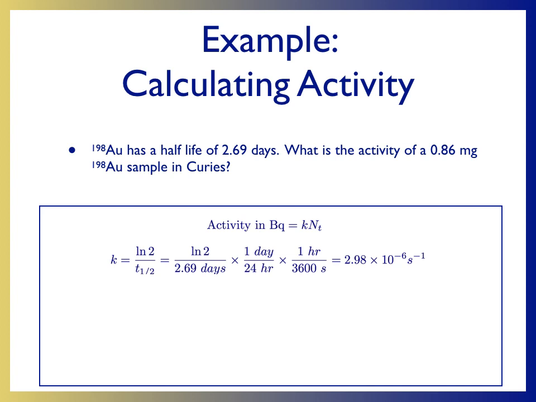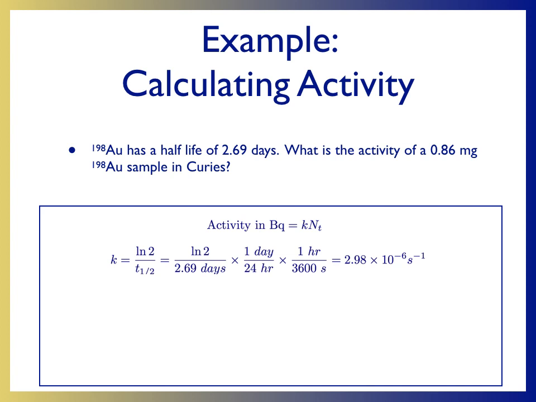Therefore, we can take the natural log of 2 and divide it by 2.69 days to get a rate constant in inverse days. However, we note that a becquerel is an inverse second. We should convert our inverse days into inverse seconds so that the units match up. Therefore, we convert days into hours and then into seconds, which gives us a k equal to 2.98 times 10 to the minus 6 inverse seconds.